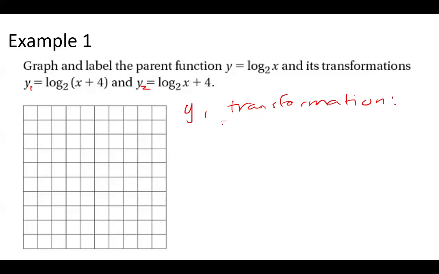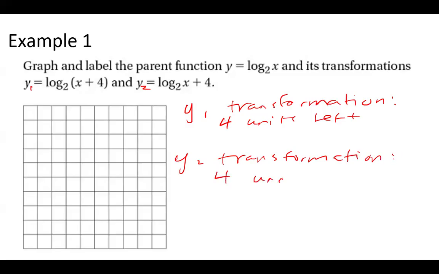It's 4 units left. Good job. Y2, what is its transformation? And y2 would be 4 units up. Make sense? So you should be able to do that without graphing, knowing the transformation rule.